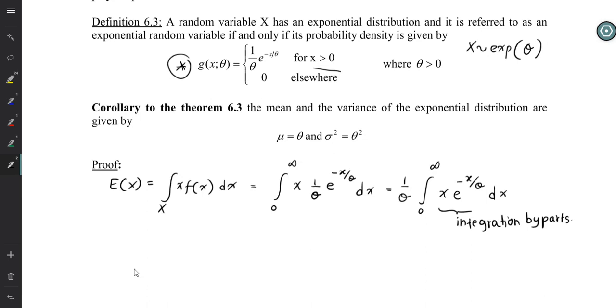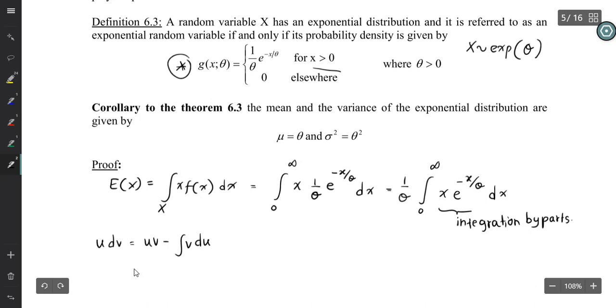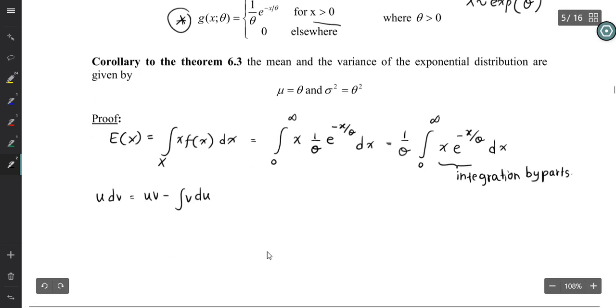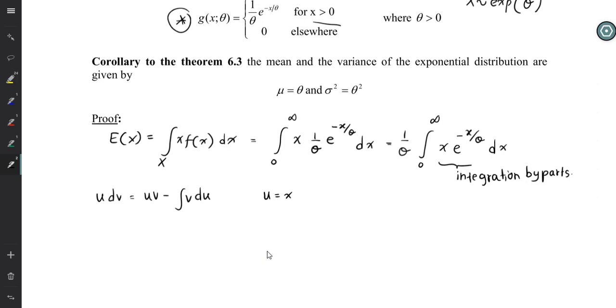So what do you need? The integration by parts formula is integral of u dv equals uv minus integral of v du. So we have to find what is u and what is v. So in this case, we define our u to be x, and then our dv will be the rest, e to the negative x over theta dx.